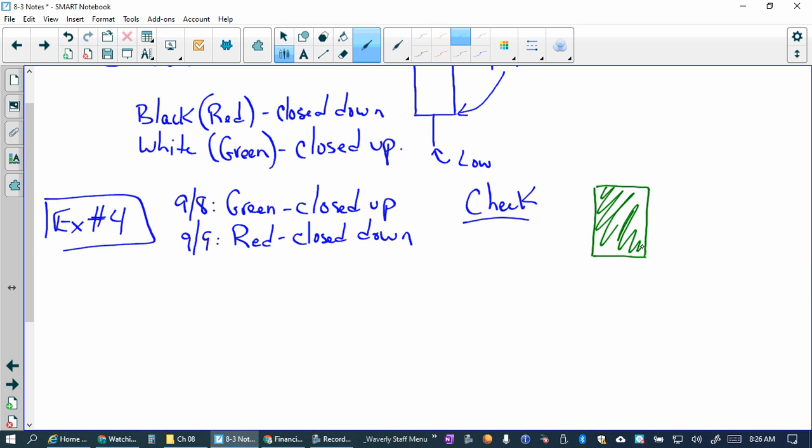What would that mean? What were those whiskers, guys? The daily high and the daily low. So first of all, it's green, so what do you know? How did it close? It closed up, right? So we got that part.